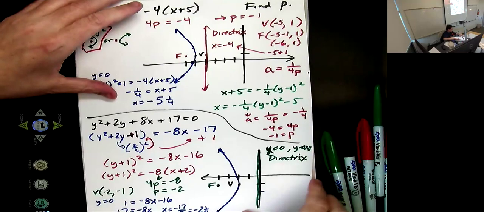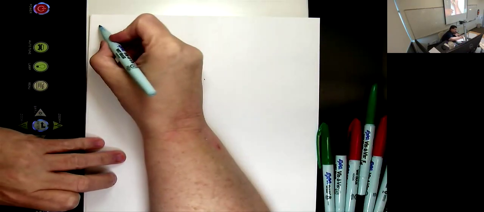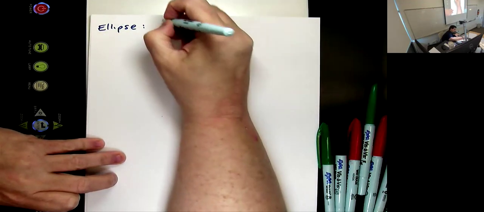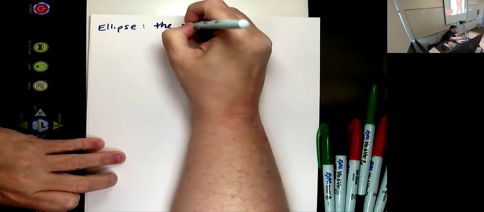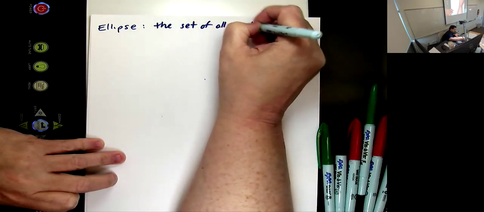All right, let's take a look at what the other ones have, the ellipse and the hyperbola. Let's talk about their definitions first. They're almost identical. The ellipse is the set of all points. They all start with this definition.